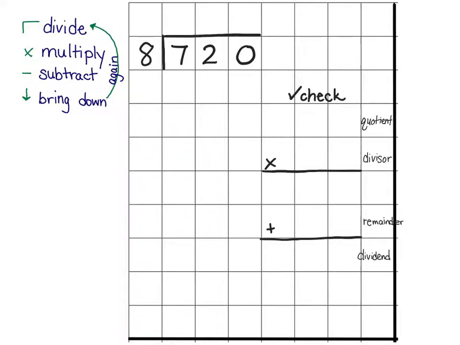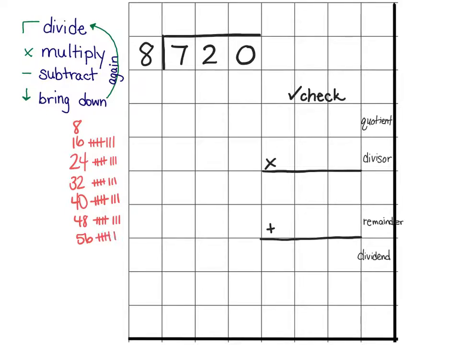Let's write our 8s on the side. 8, 16, 24, 32, 40, 48, 56, 64, 72, 80.